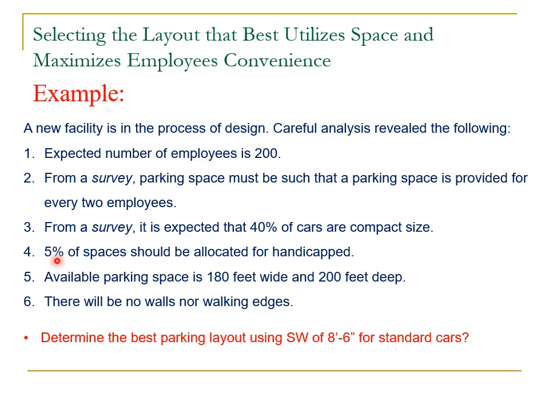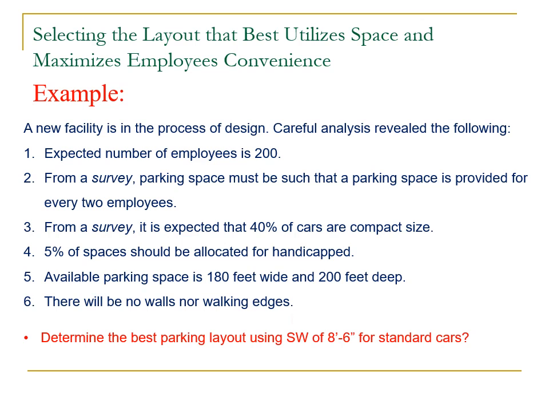Then we want to allocate 5% of total spaces for handicapped employees. We have an available parking space of 180 feet wide and 200 feet deep, and we know that there will be no walls nor walking edges in this parking space.